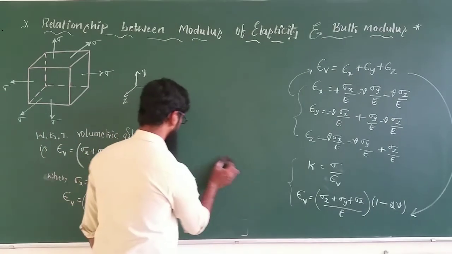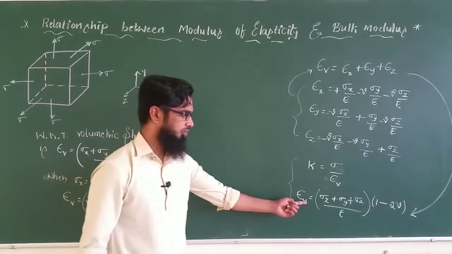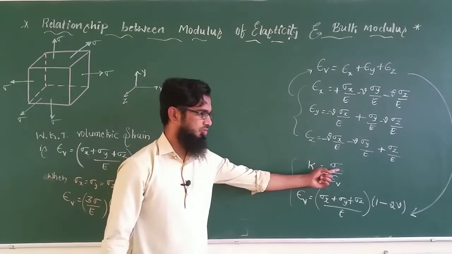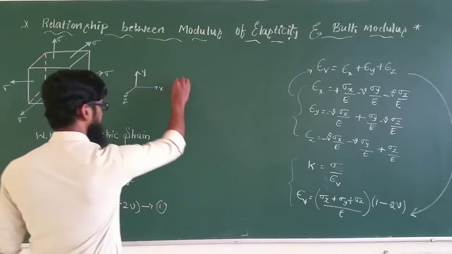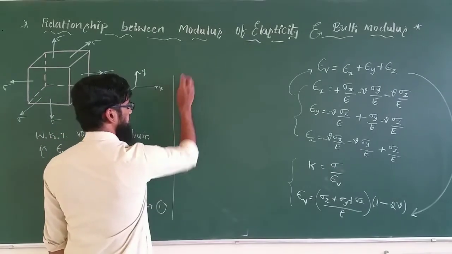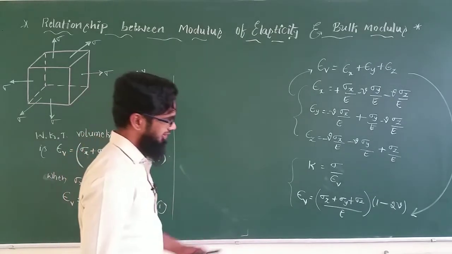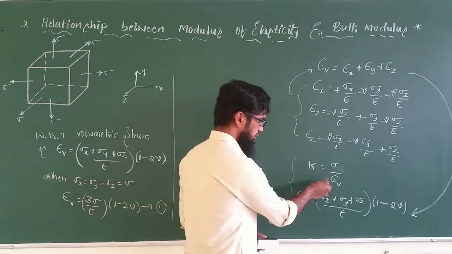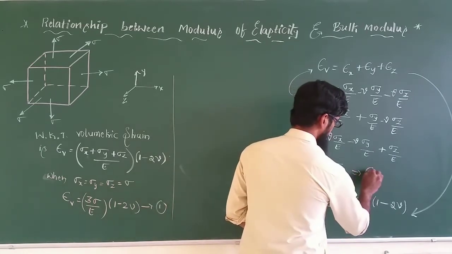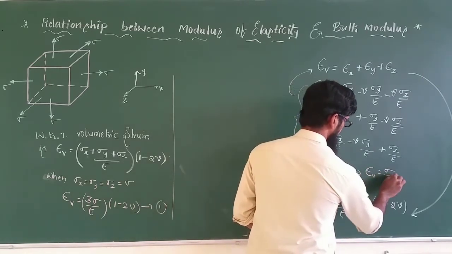Now again what I will consider here, I have taken this equation. Now I will take the bulk modulus, k is equal to sigma by epsilon v here. Consider the second equation, we know that k. Okay, before that I will just cross multiply this two terms over here because this is the bulk modulus k. So it becomes epsilon v is equal to sigma by k.